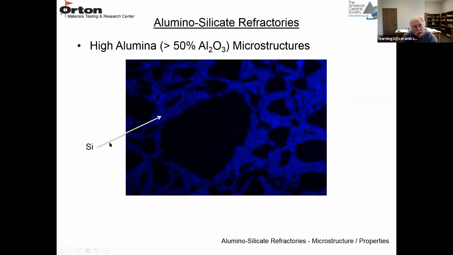If you map silicon in blue here, you can see that the coarser grains and the medium grains are higher in purity level. And then you can see that silicon is concentrated in the matrix area between all the medium and coarse size grains.